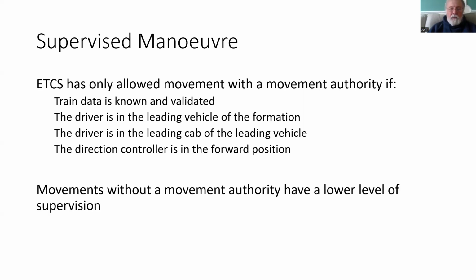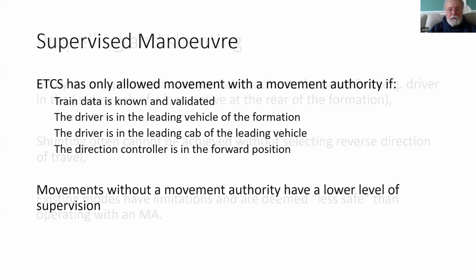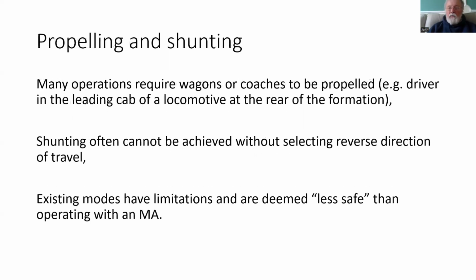Up until this point, movements without a movement authority have what is often described as a lower level of supervision. So in order to improve the safety of propelling and shunting movements, where vehicles need to be propelled, so the driver is not at the leading end of the formation, or may even be driving in reverse, or where shunting activities can't be achieved without selecting reverse, then the existing modes don't support what needs to be done.